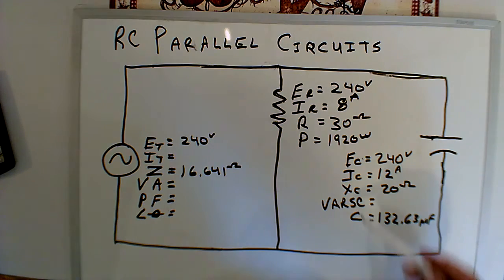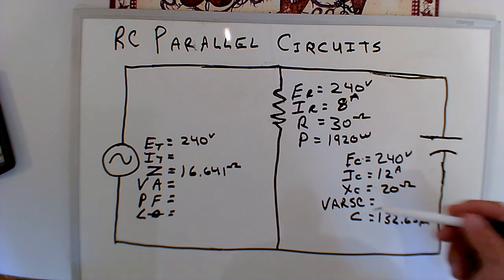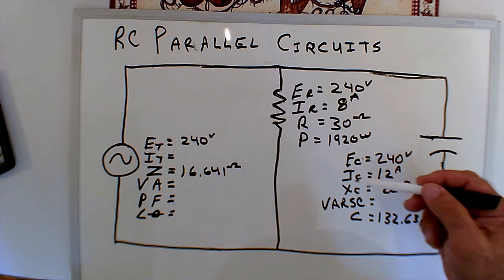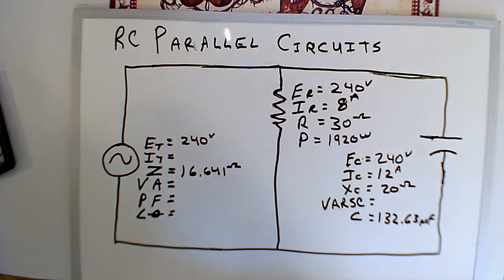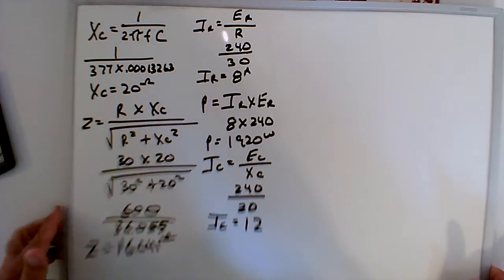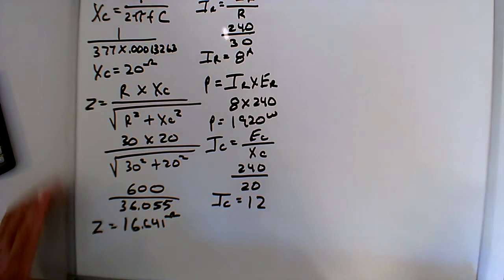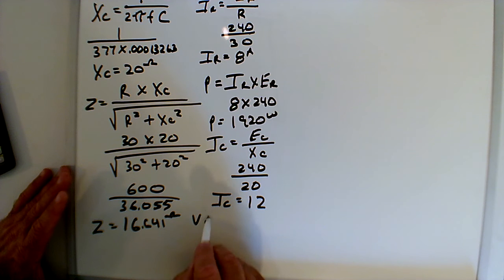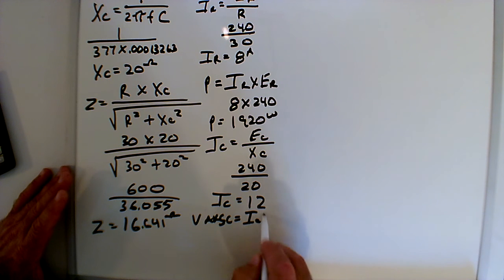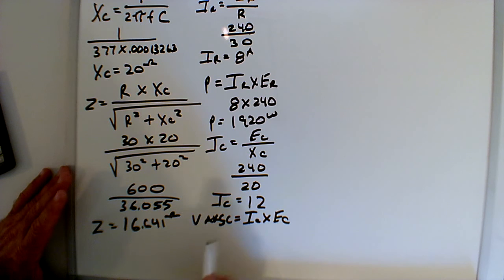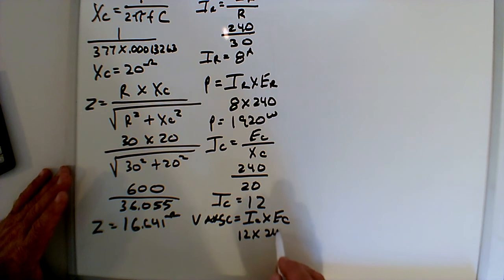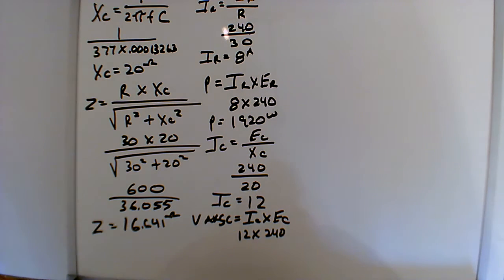And if I'm solving for VARs C, or volts amps reactive of the capacitor, I can multiply the I and the E. So let me write that out. VARs C is equal to IC times EC. And in this case, IC is 12 amps times 240 volts.